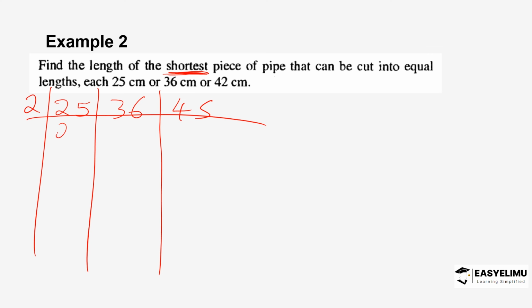So 25 not divisible by 2, you transfer to the next line. 36 divided by 2 is 18, 42 divided by 2 is 21.